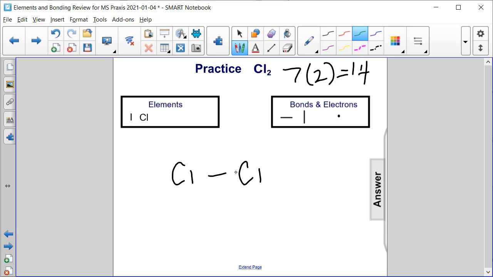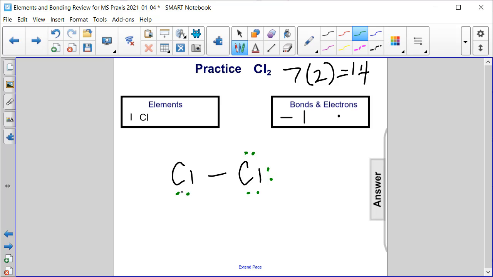Now, each chlorine right now is sharing a pair of electrons. They each have 2, but to be stable, chlorine needs 8. So I need to add some valence electrons to each one. So 2, 4, 6. Now this chlorine has 2, 4, 6, and then these 2 make 8.